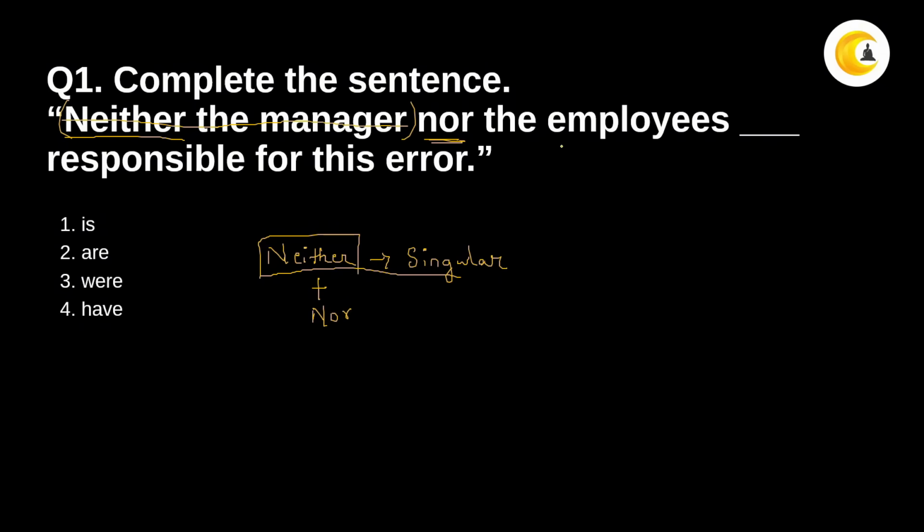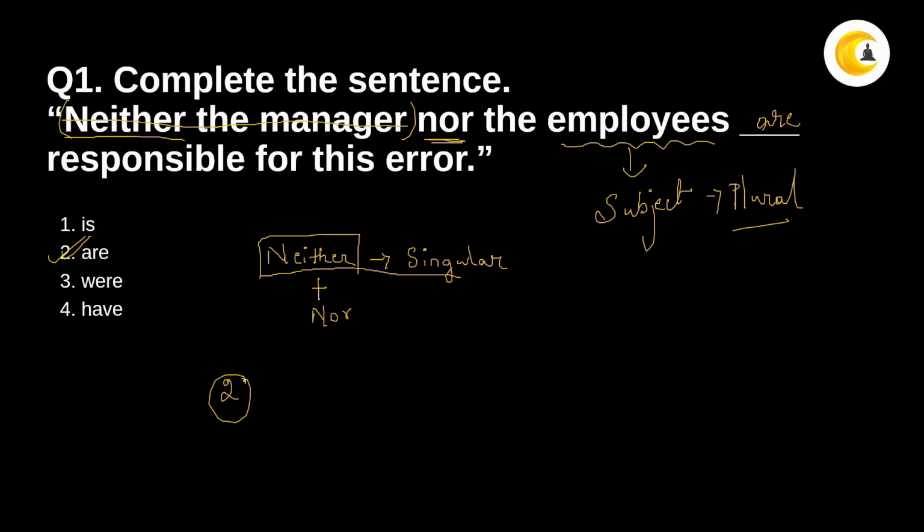The employees. Now, what is the subject over here? Employees. This is your subject. And if your subject is in plural, so what will be your answer? Your answer will also be in plural form. So that is are, and that is answer option 2. Okay, so remember this rule that if just neither is there in the question, then it is in singular form.